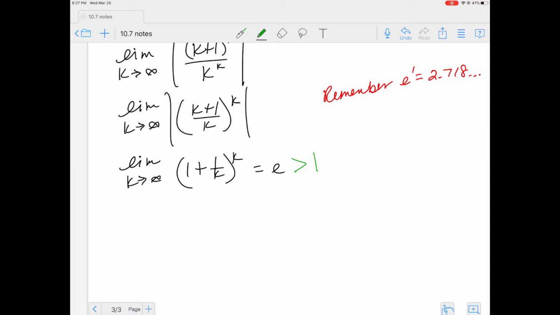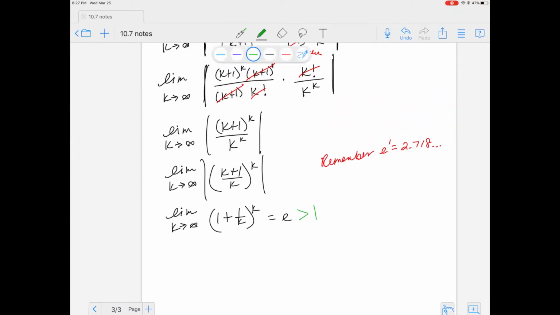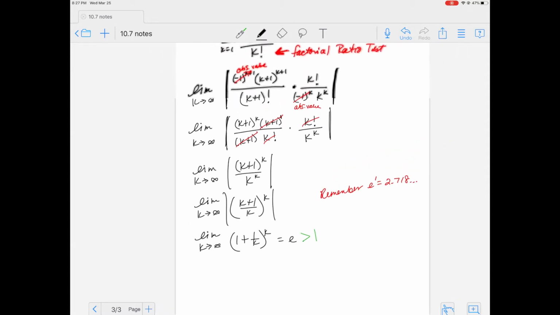What did we say when your R value, whoops, I should be writing out my R and I haven't been, doggone it. So this is my R is equivalent to this, right? So R actually equals e, which is greater than 1. And then what are my rules on the ratio test?